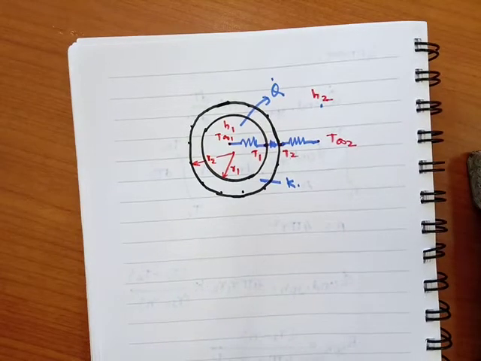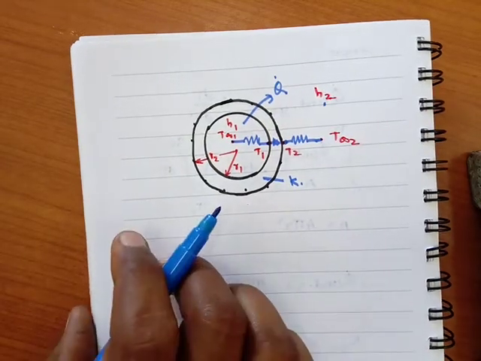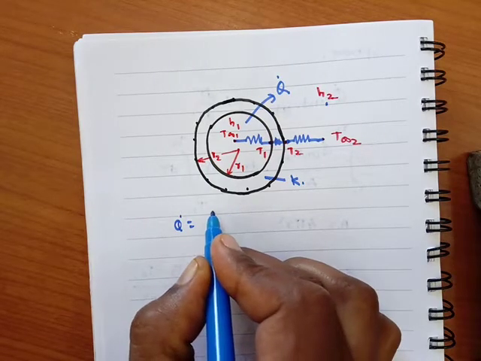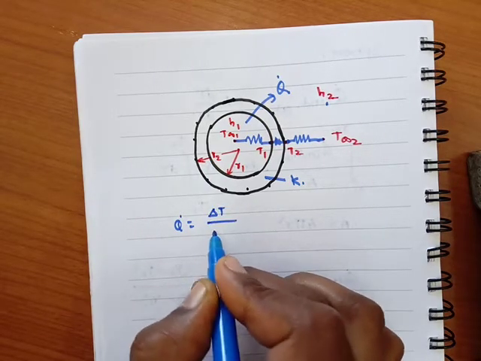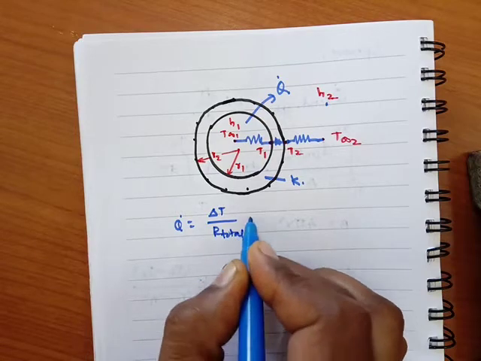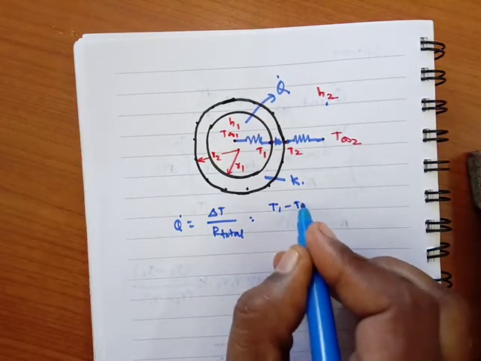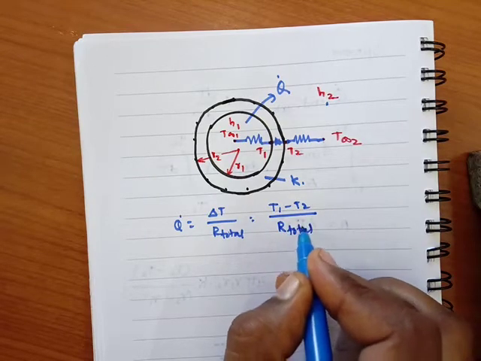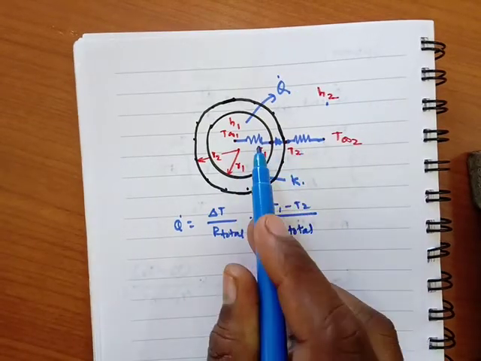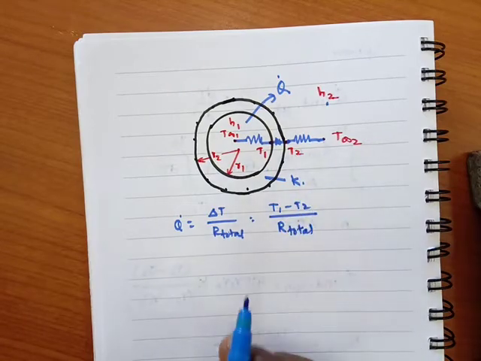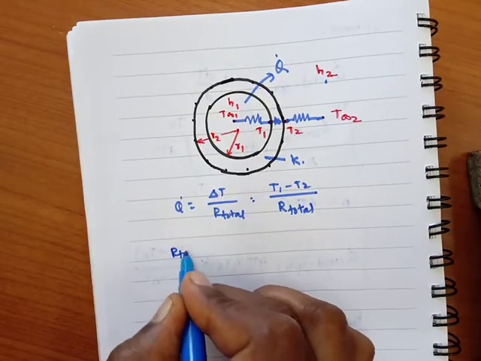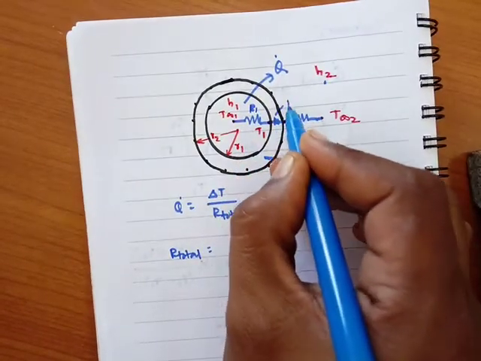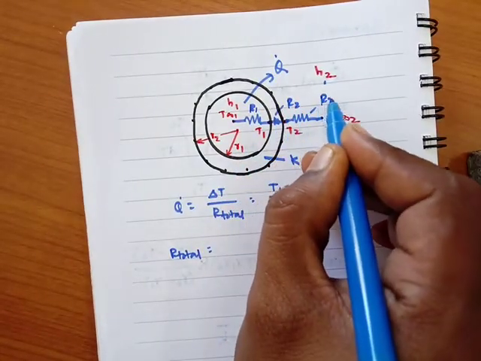Okay, now we can use a formula. Q is equal to delta T divided by R total. So here T1 minus T2 divided by total thermal resistances. And if you see in the figure, these resistances are available in series. So we can find R total is equal to, first resistance R1, second R2, and third R3.